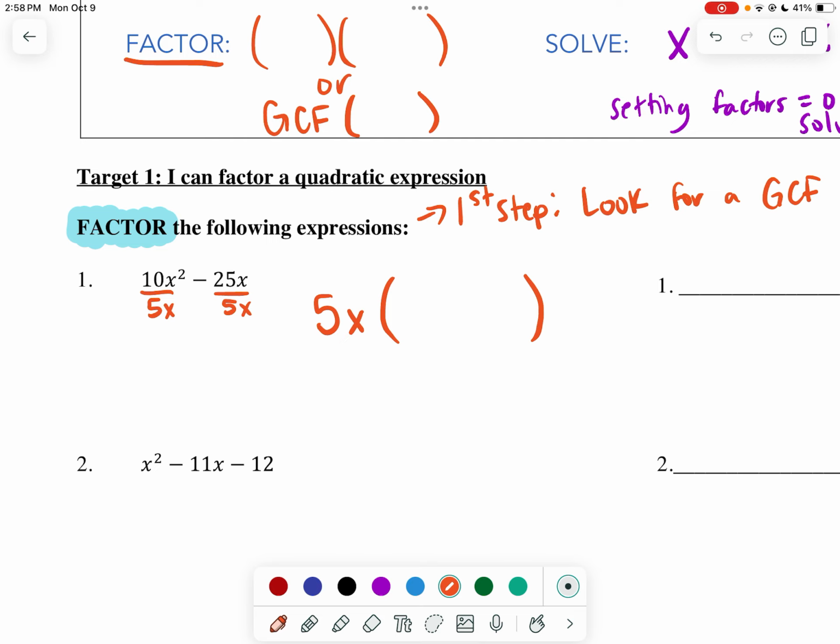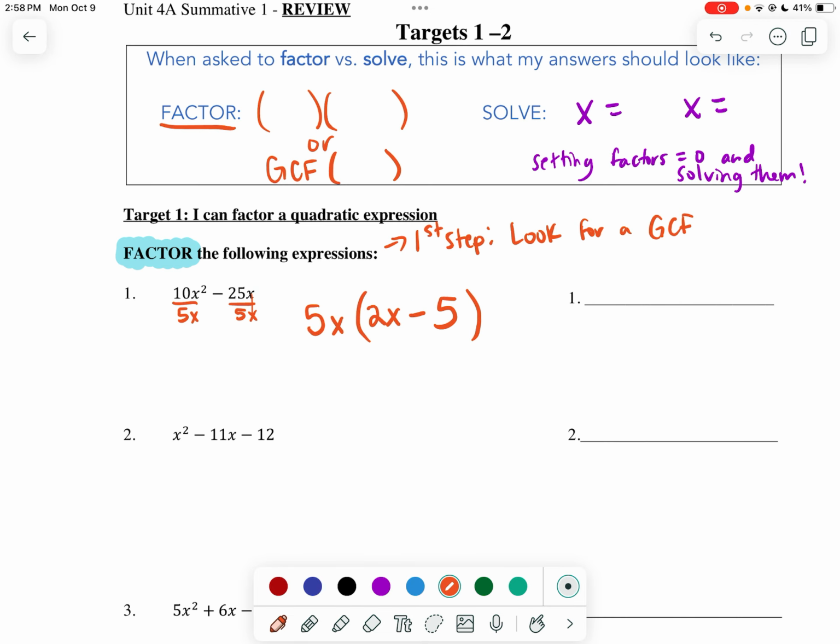Well, 10 divided by 5, that's 2. And then x squared, if I take away one x, that leaves me with an x. And then there's a minus sign. And then 25 divided by 5, that's 5. And then the x's are going to cancel. And then that's it. I'm not solving it. It's just 5x times 2x minus 5. So that looks a lot like this first one. There's a GCF first and then parentheses.